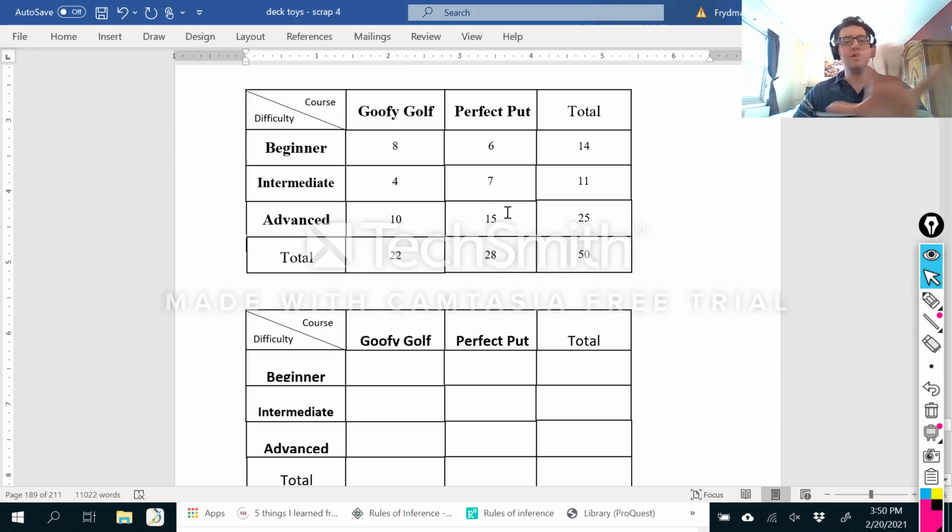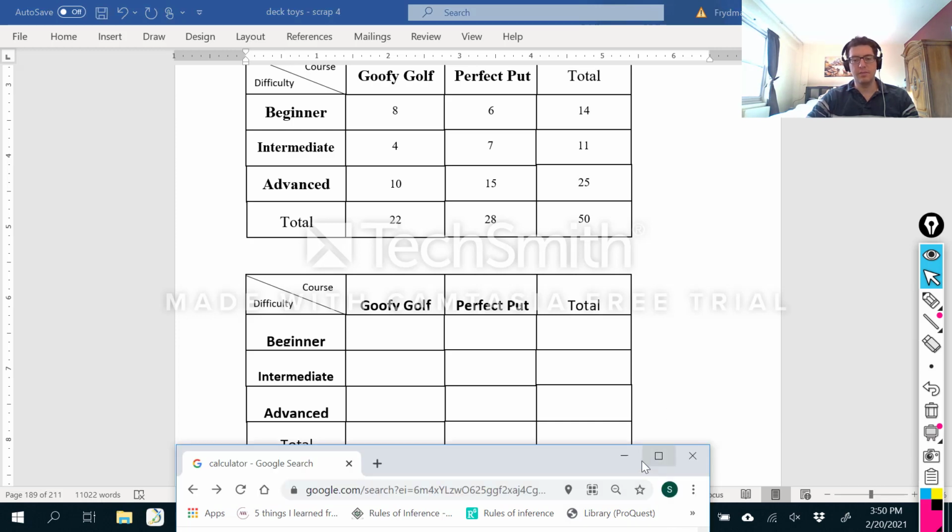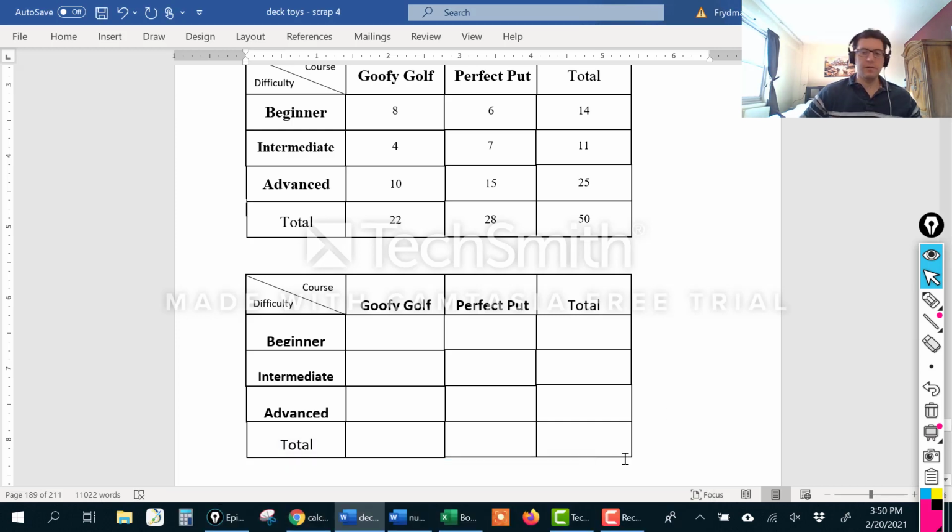All right, so this is a frequency table which gives us information about how many holes of a certain level of difficulty are at each of these 2 golf courses. Now, what if we wanted to turn that into a relative frequency table? So let me just write the words here.